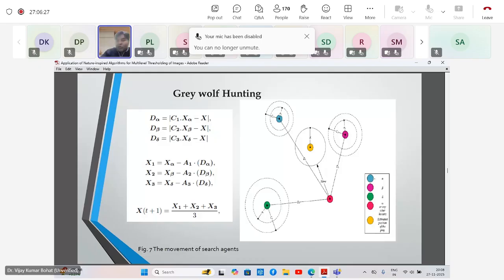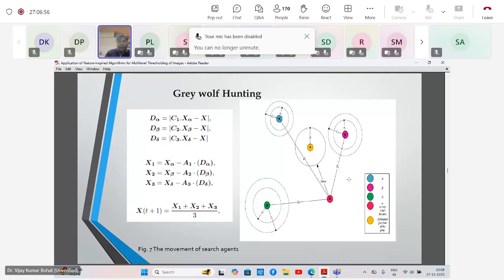Alpha is blue, beta is violet, and delta is green. So the average of the three will make this value move toward this particular circle. In this way, in every iteration, the solutions, the wolves, calculate their next position. And iteratively, the agents move in the search space and move towards the optimal solution.